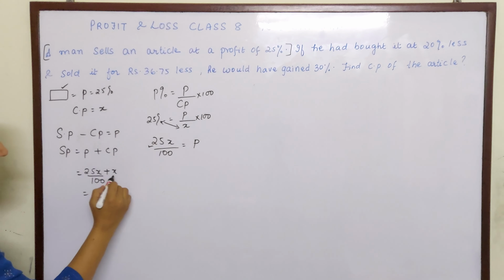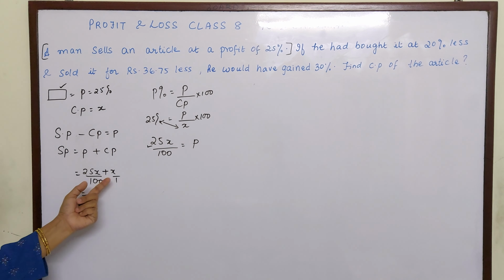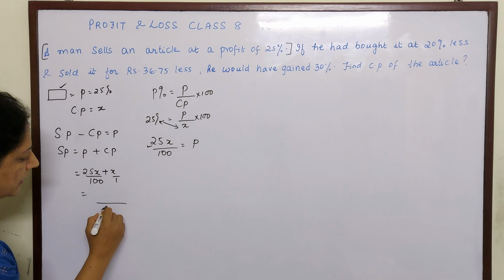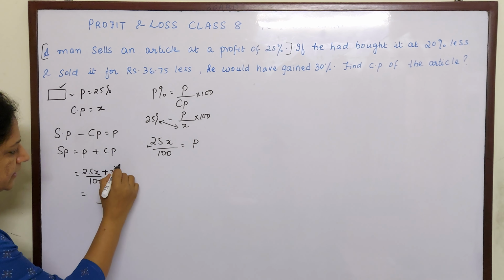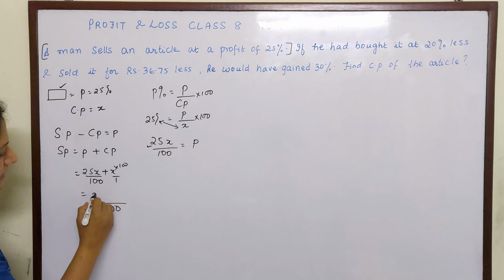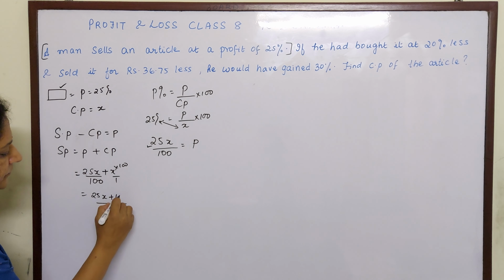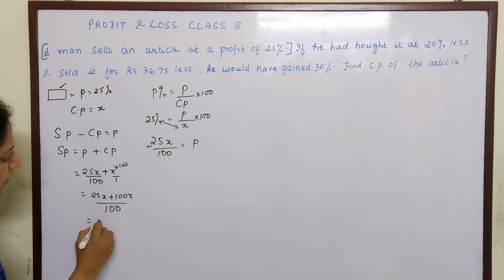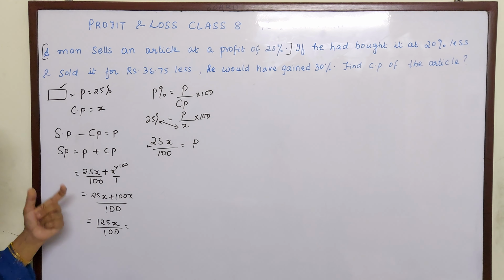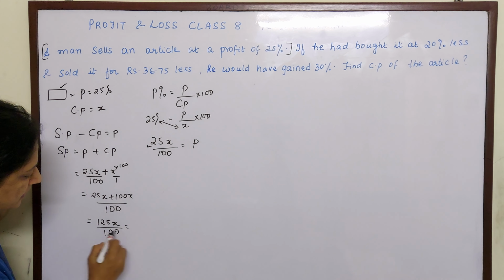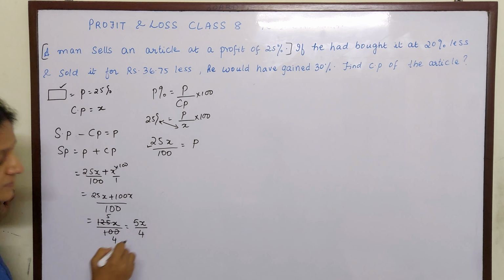Right? So if I take LCM, 100 plus 1, the LCM is 100. So into 100, 25x plus 100x is equal to 125x by 100. And if I bring it to lowest terms, 25 fours are 100, 25 fives are 125. So my SP is 5x by 4.